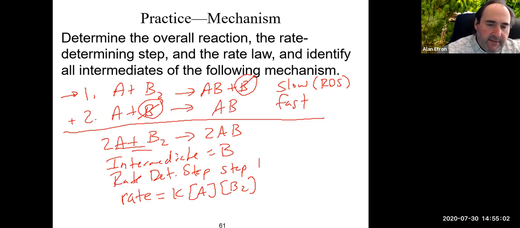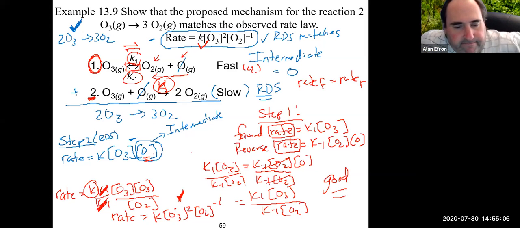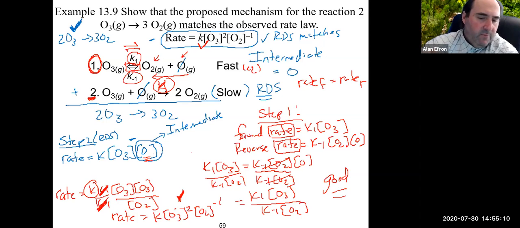So in the previous one, the rate determining step is step number 2, and it is because it is a slow step. But just to remind you, step number 2 actually did match the rate law found experimentally. So it is the rate determining step, and it is a good mechanism.